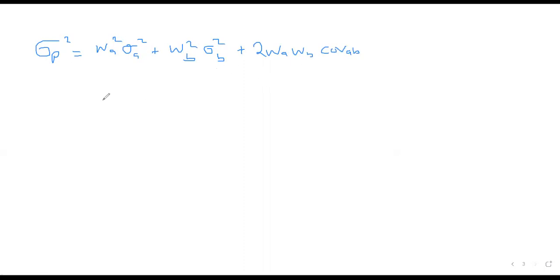Now, how do we calculate the covariance for asset A and asset B? We take the probabilities that we had: 0.5, 0.3, and 0.2.